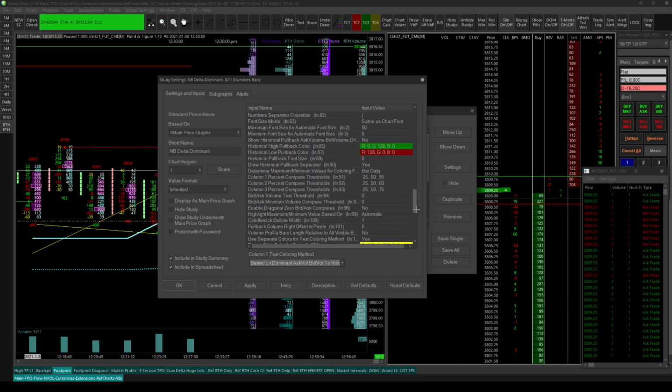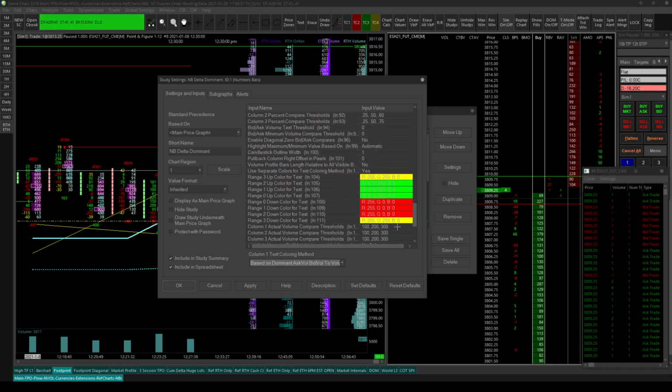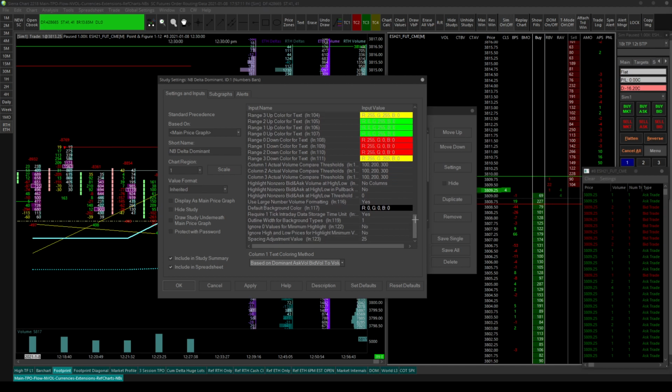Okay, so let's go back to that area. Okay, there you go. This is where my coloring is designated. So use separate colors for text coloring method. So anyway, scroll all the way to the bottom, and there you guys go.